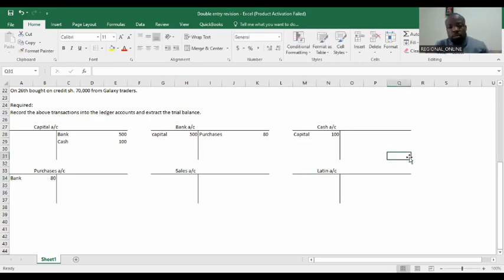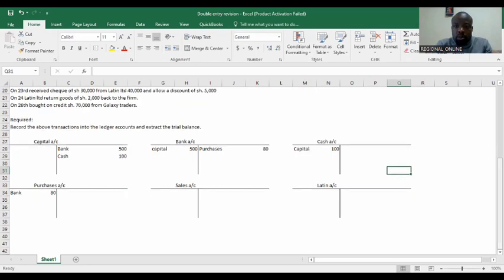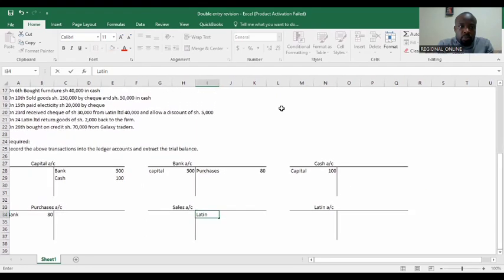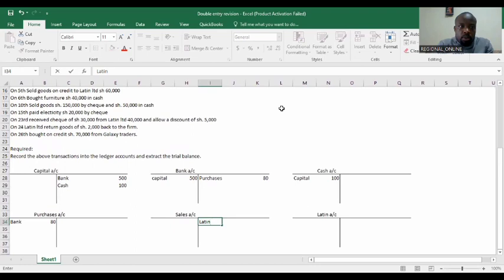This one I can call sales because I'm making sales. And this is my debtor, and this debtor is Latin. So I have to know that I have an account for Latin as my debtor to pay me back my money later. If you're making sales in the business, that means the sales are increasing because you are selling. And sales are income. So long as the income is increasing, you credit. And you are selling to Latin, the amount of sales on credit is 60,000.